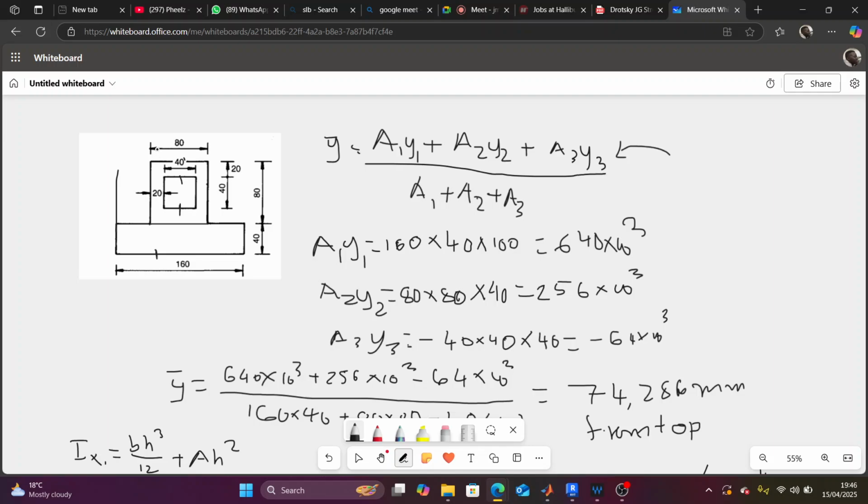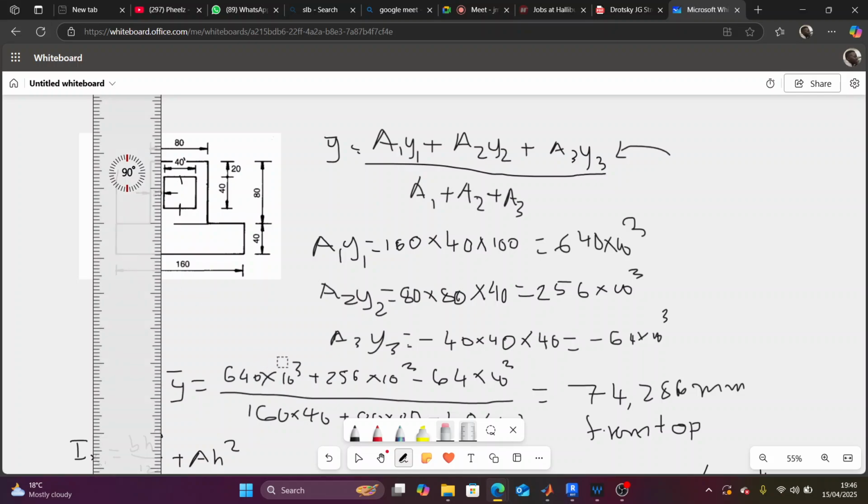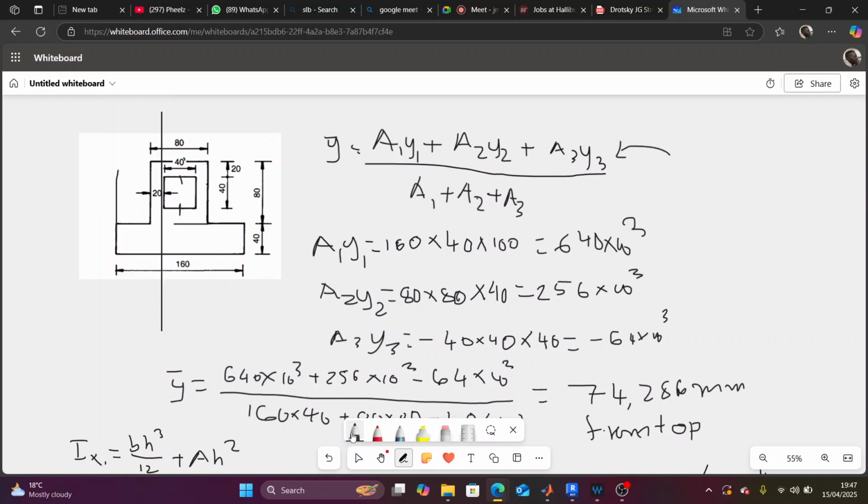So this is our, let's call it, oh, let me use the ruler so that it can be cleaner. Do you see this axis? We can call it YY, right? Where we will be reading.